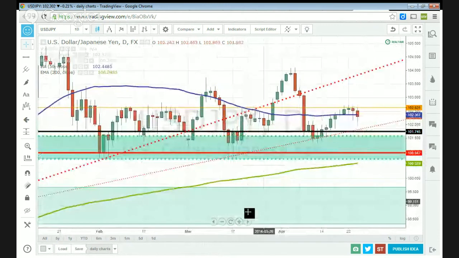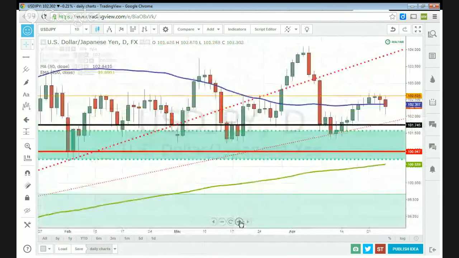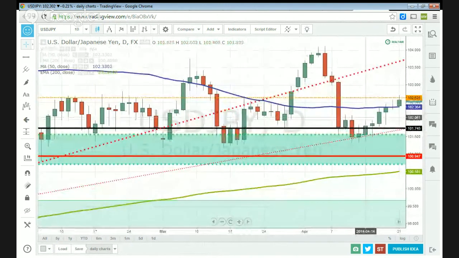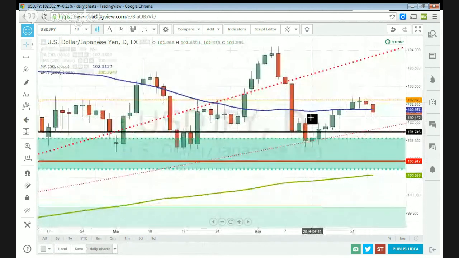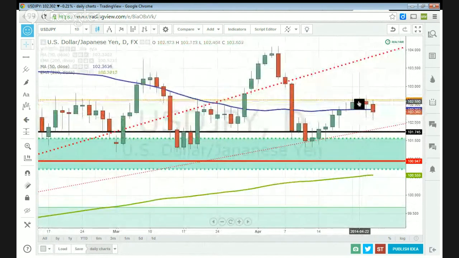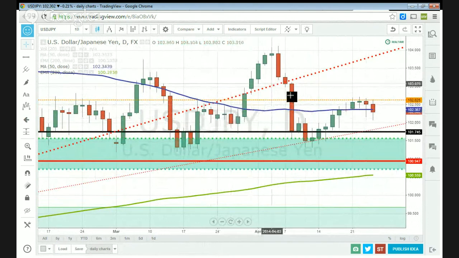Okay, it looks like it closed just barely below the dashed orange line. Yeah, just barely below in both instances. Maybe I should move it there anyway, right? Because it's not an exact science, not perfect, but I'll hold on to it for now. I'll leave my stop where it is. I still think it's feasible that if price were to come back down here, I'd be interested in buying, so I wouldn't want to put a sell order there. So we'll hold on to it for now.